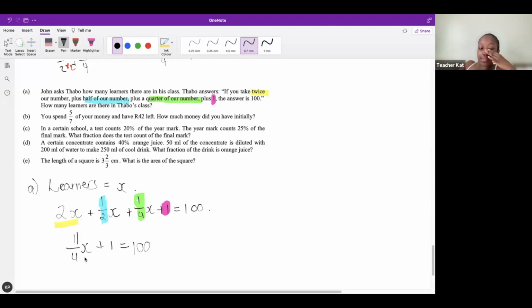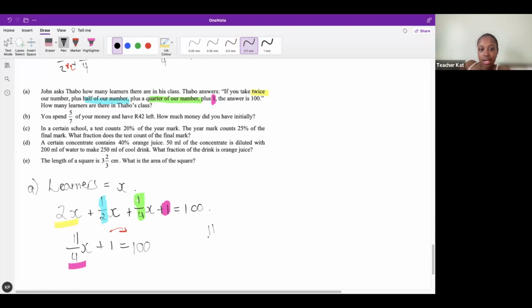Now I still want to figure out what this x is, so I have to get it alone. So what do I do with the plus 1? This plus 1 over here, let's see revision of algebra. Do we remember what we do with the plus 1? Transpose, it must go over to the other side.